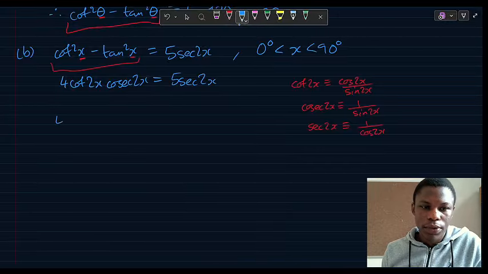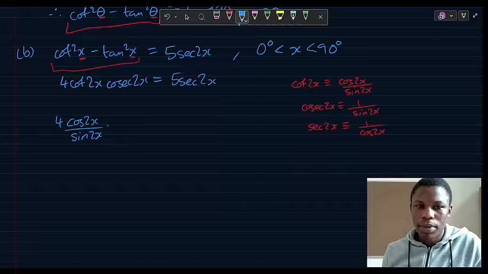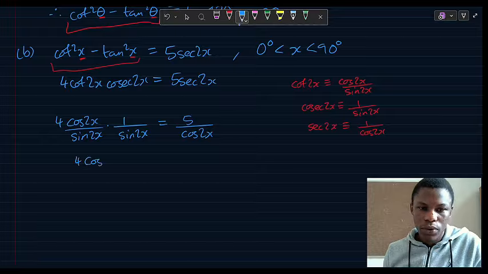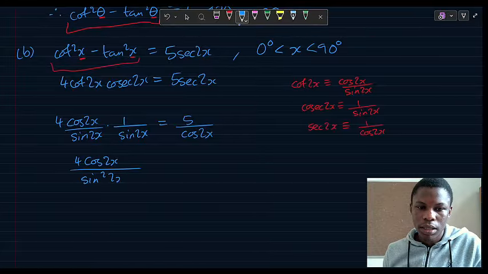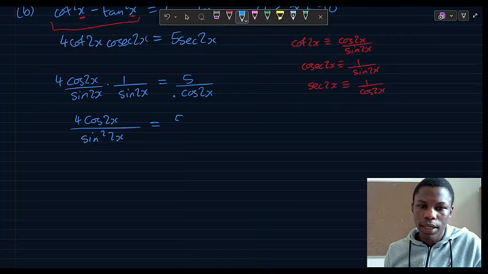So this becomes 4 times cos 2x over sine 2x multiplied by 1 over sine 2x, and this is all equal to 5 over cos 2x. If we simplify on the left, we've got 4 cos 2x all over sine squared 2x, equal to 5 over cos 2x.